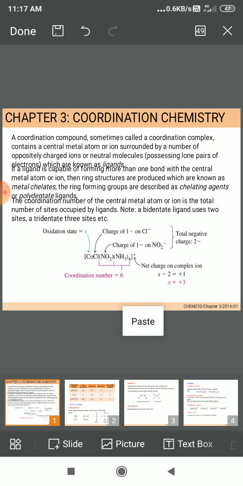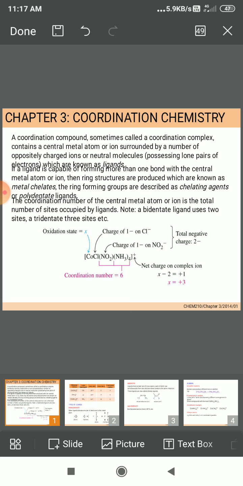If a ligand is capable of forming more than one bond with the central metal atom or ion, then ring structures are produced, which are known as metal chelates. The ring-forming groups are described as chelating agents or polydentate ligands.